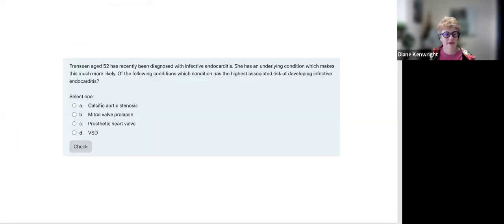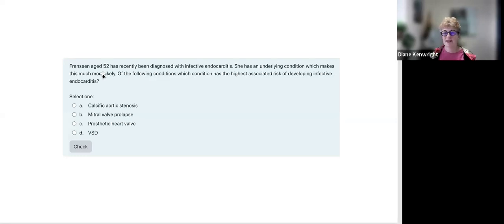All right, let's have a look at Francine, aged 52, who has infective endocarditis with an underlying condition that makes this much more likely. For example, rheumatic fever. Though, the underlying cause that makes it the most likely is a prosthetic valve. They do tend to get infective endocarditis on them.